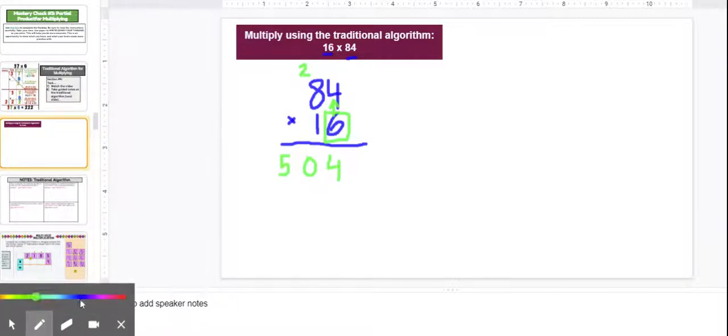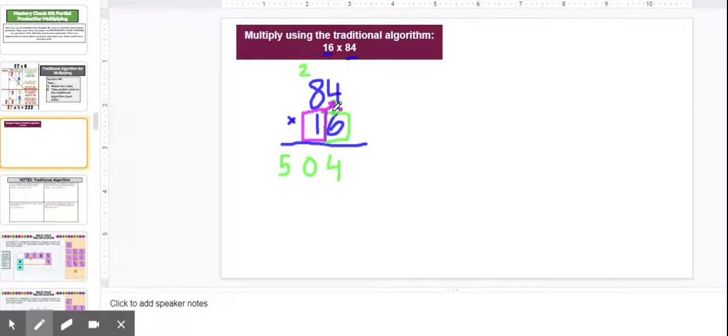Then I'm going to choose a new color. I've done the 6. I've multiplied it by all of the parts of the 84. Check, check. I've remembered to add on my little 2. Check. Now I'm ready to move on to multiplying the 10 in the 16 by all of the parts of the 84. I'm going to take the 10 and multiply it by the ones column first.